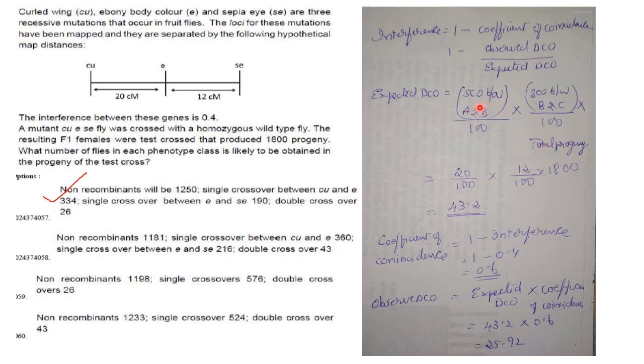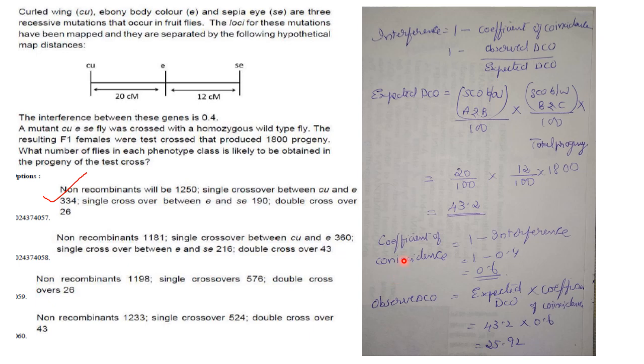If you take CU as A and E as B, the single crossover between A and B is 20. So 20 divided by 100, into single crossover between B and C, with SC as C, that is 12 centimorgan. So 12 by 100, or 12% recombination frequency, into 1800 gives 43.2. That is the expected double crossover.